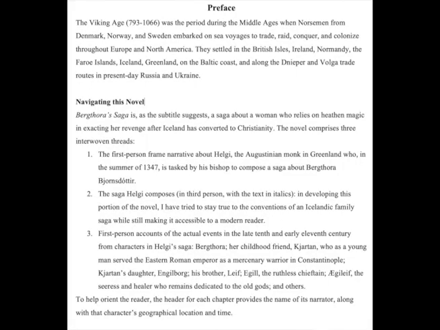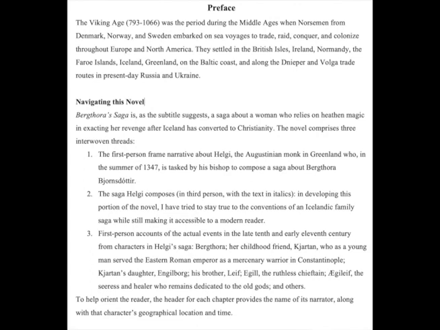So again, the preface provides some historical information, some very general information about the Viking Age, how far the Viking voyages took the Norsemen from the modern Scandinavian world all the way to North America and present-day Russia and Ukraine.